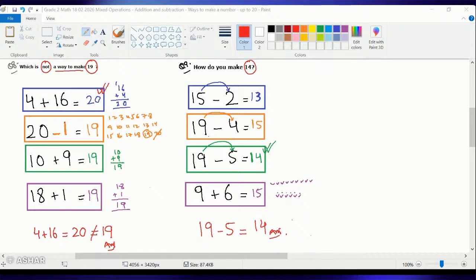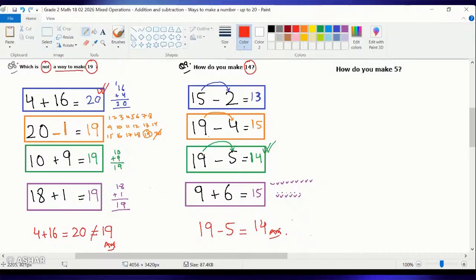How to make a 5? Quite simple. How do you make a 5?